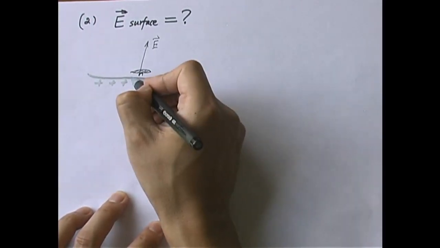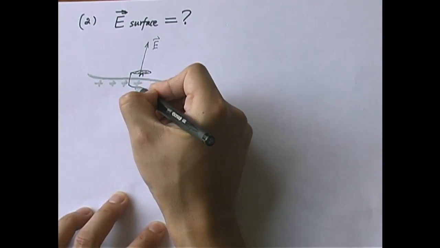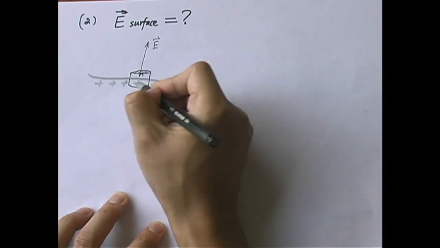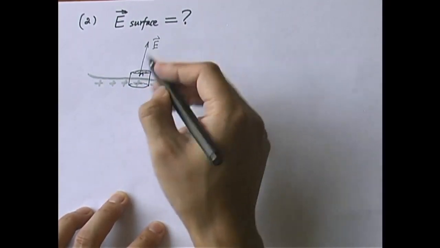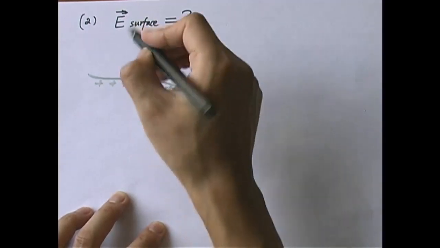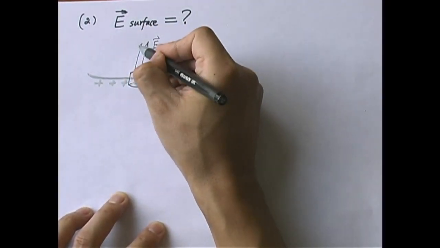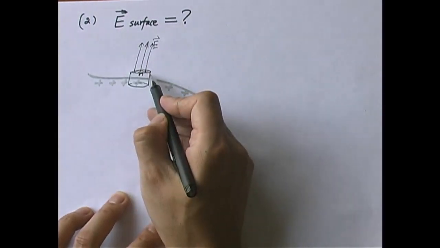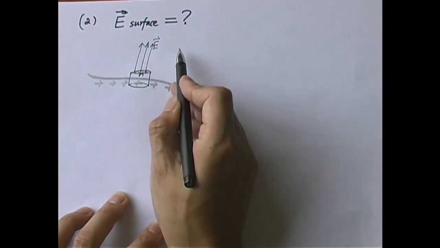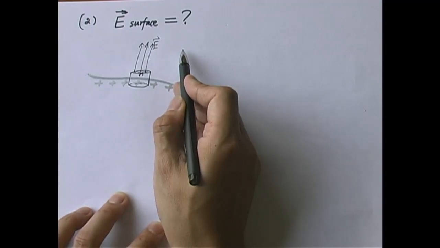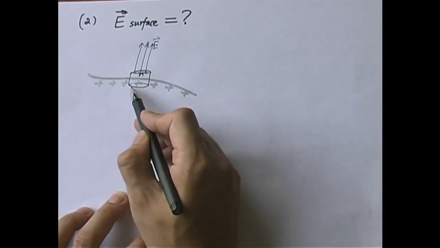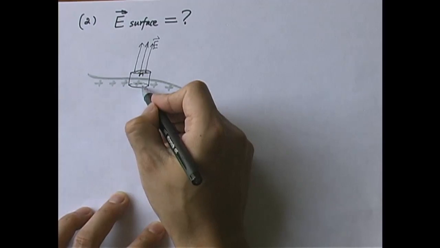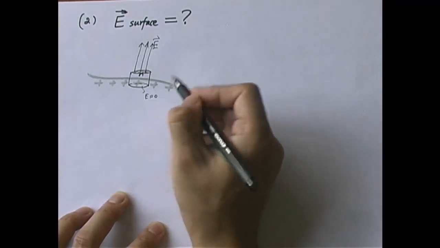Look at the small region here. I'm going to draw a Gaussian cylinder like this. Because the region is very small, you can imagine the electric field is pretty much uniform throughout it. Here is the top surface of the Gaussian cylinder, which is outside the ideal conductor, and here's the bottom surface, which is inside. So the flux through the bottom surface equals 0, because that's inside.